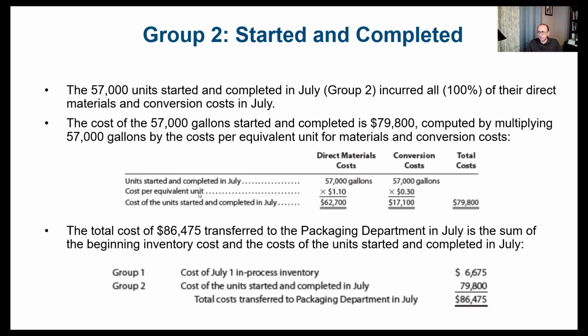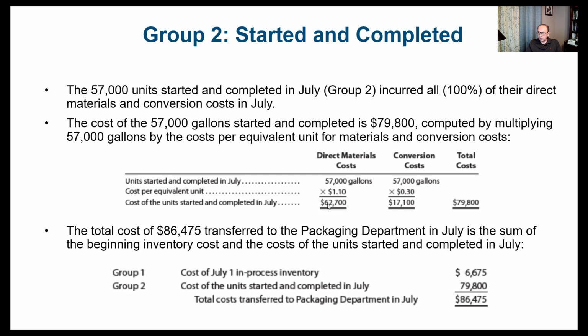So look at the cost here. The units started and completed in July: we have 57,000, and these are the numbers that we're going to be using for the direct material cost and for the conversion cost. I hope you still remember, conversion cost includes labor cost and the factory overhead. The cost per equivalent unit is still $1.10 for the month of July and 30 cents for the conversion cost.